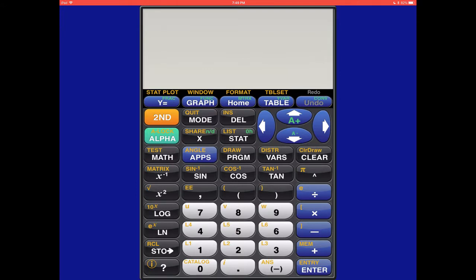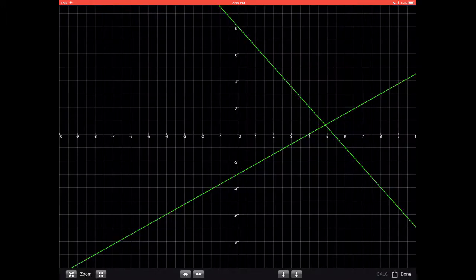And if you hit second in that button in the graph mode, then it'll have intersect. And you'll hit a place here on one curve, a place here on the other curve, and then a guess. And then it'll come up with what that exact value is.